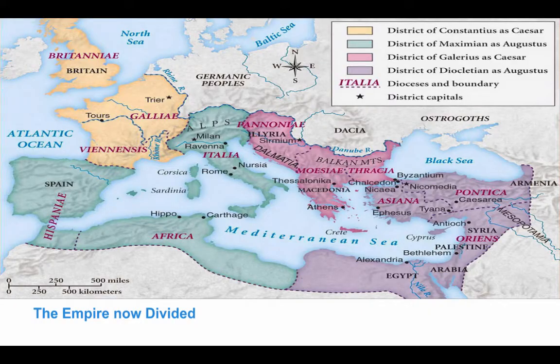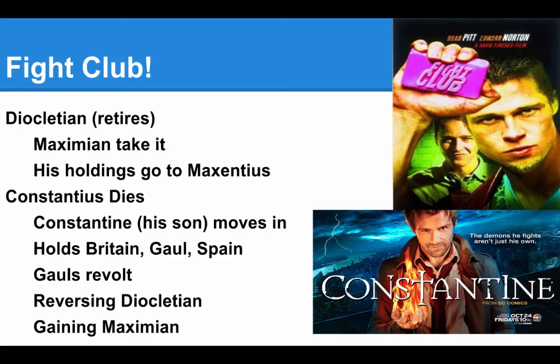And when it was all said and done, it looked like this: four different men ruling in four different areas, the largest of which was actually controlled by Maximian, although he's going to switch that up. You have Constantius up here in the yellow, you've got Galerius in the middle, and over here in the east, Diocletian. And this is when it got the title the tetrarchy, that these four men would run the empire. But alas, it was not to last.